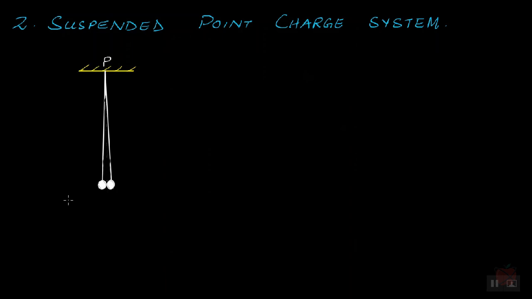What will happen if I give a charge Q to one of the balls, and because they are metallic? The charge will flow to the other ball also, so that both balls will have an equal amount of charge, Q by 2 each. Understand? This is due to the process of conduction.